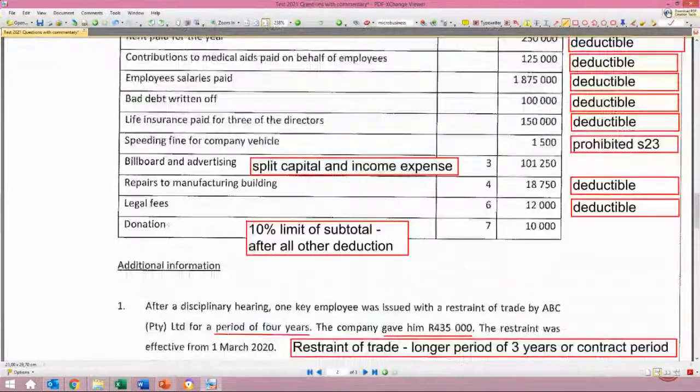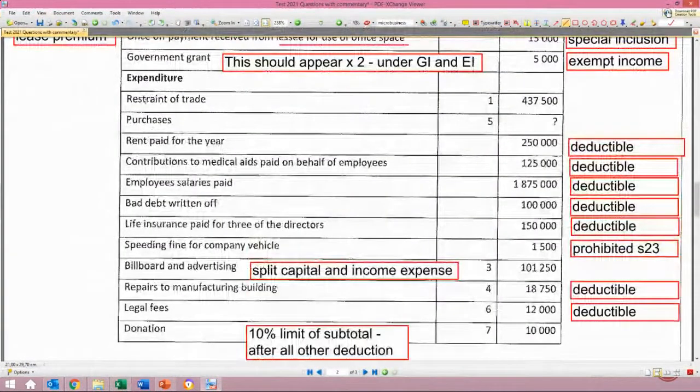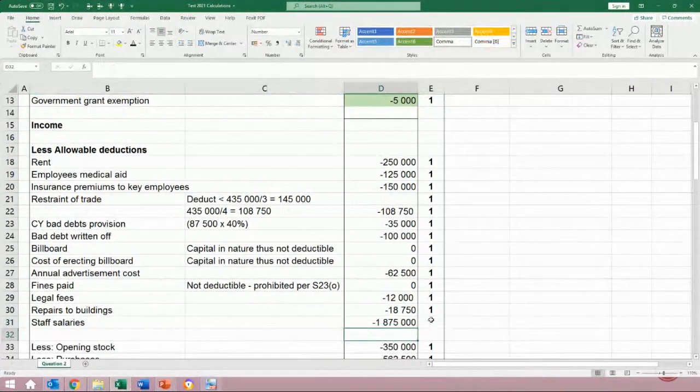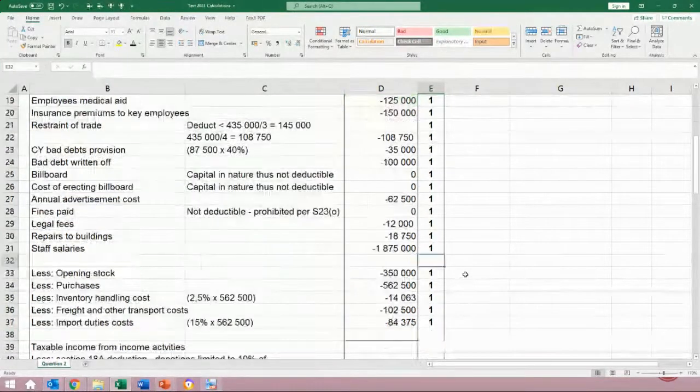And then we had, let's quickly see where's the salaries. Employee salaries paid, I forgot to include that one. So the salaries paid is deducted for the 1.875 million. Okay, so that is the deductions.